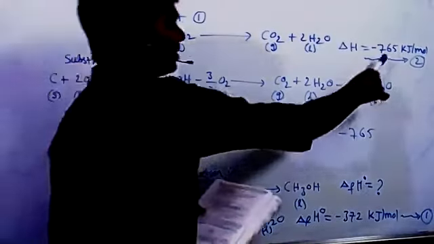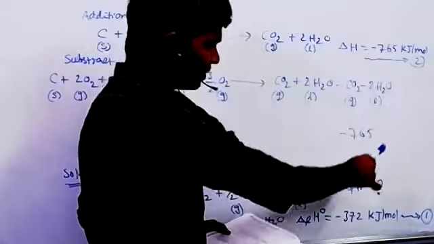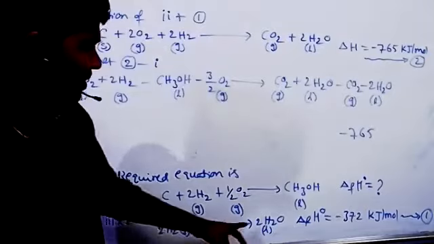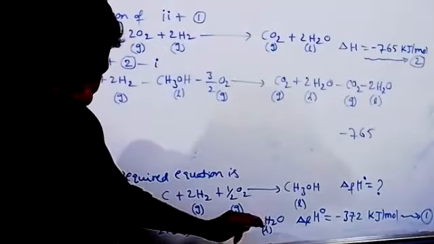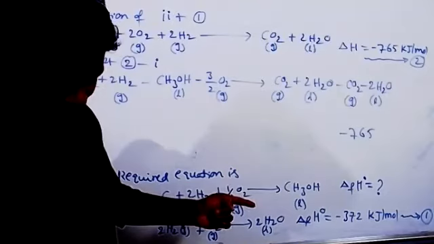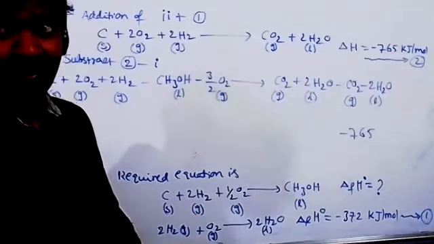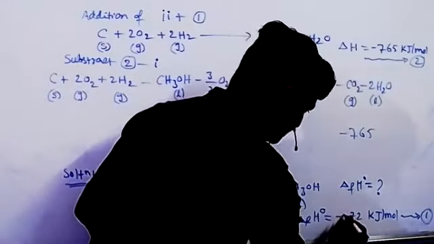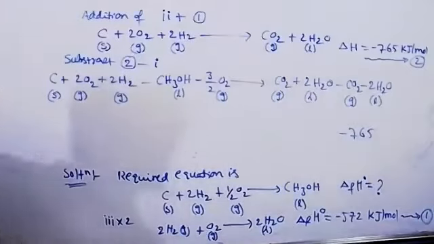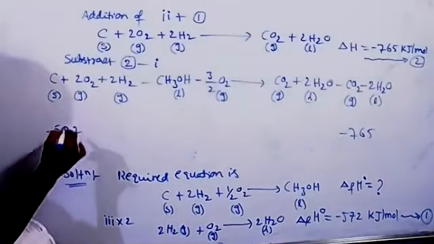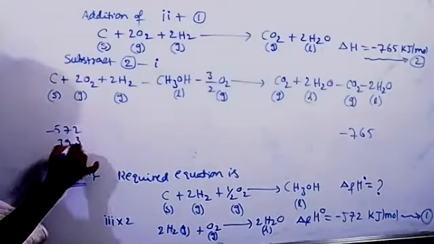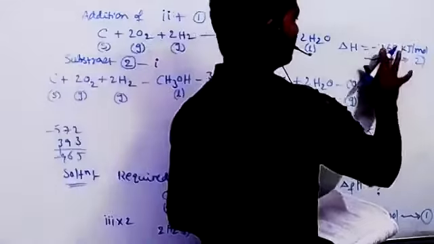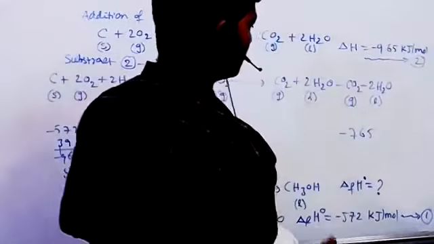This is how much? Yeah, this value. Water, we multiplied with 2. Yeah, that is the total. Okay, how much here? 572. Yeah, that's a mistake. So 572, 393, minus 965.